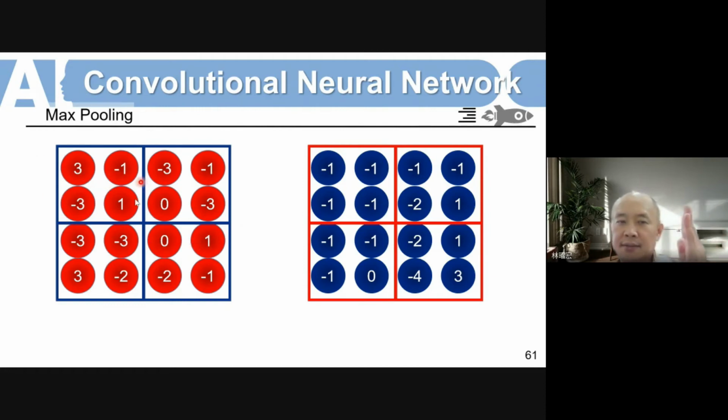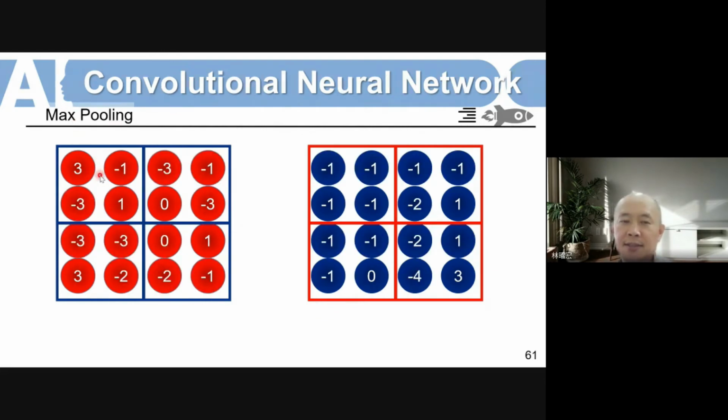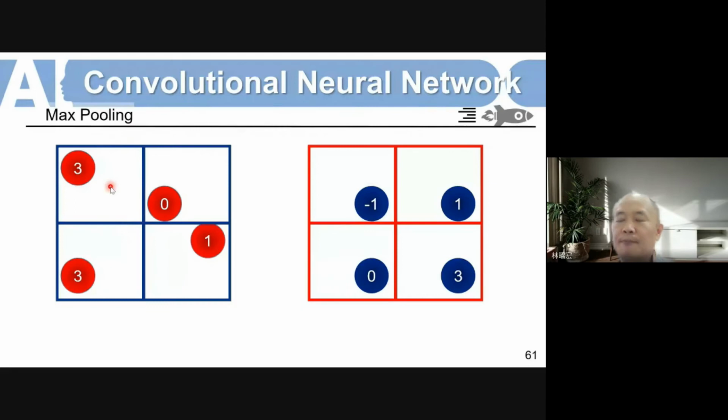Then the division will look like that. There are 4 nodes in each pool. Then max pooling extracts the max value from each pool. So from here to here, it's max pooling.